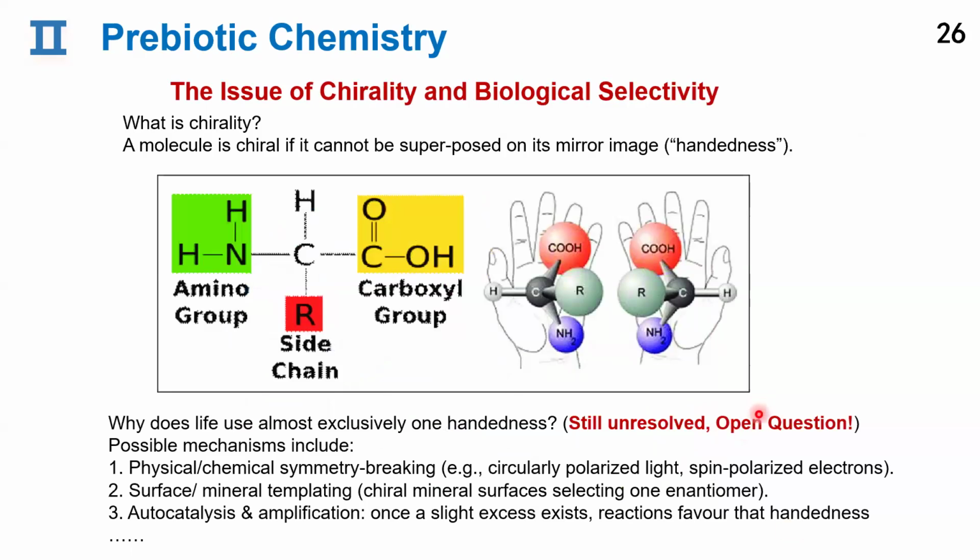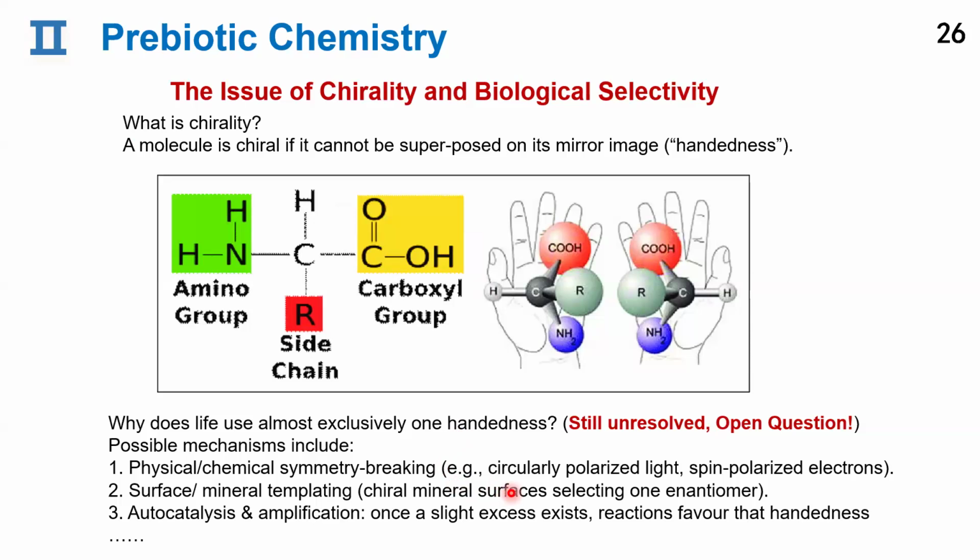Now, we come to one of the most fascinating and still unsolved mysteries in the origin of life: chirality and biological selectivity. So what is chirality? A molecule is chiral if it cannot be superposed on its mirror image. And the question here is, why does life use almost exclusively one-handedness?